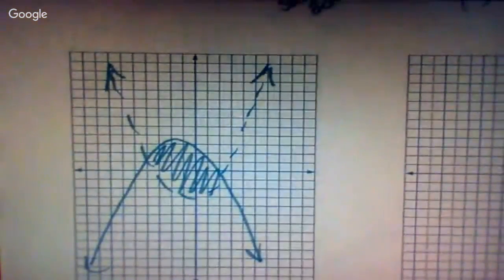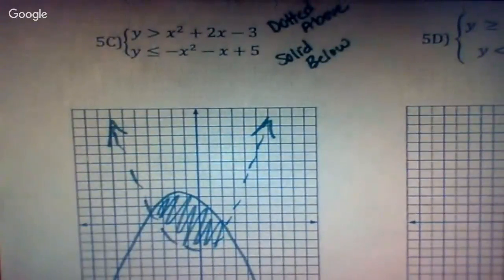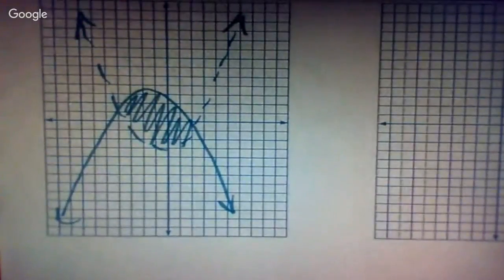Mine looks like this. Again, it's not the greatest drawing in the entire world, and it's not very accurate because I didn't plot points. But again, your final exam is not going to make you plot points. You're probably going to have to look at a graph and tell me what your solutions are. They may give you four solutions and you have to find the one that is a solution or find the one that is not.